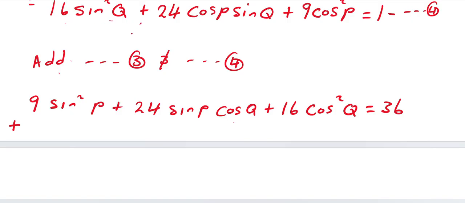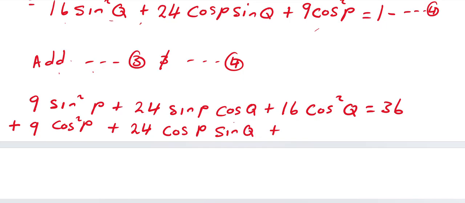And because here we have sine p, we're going to start with cos p here: 9 cos squared p plus 24 cos p sine q, plus 16 sine squared q is equal to 1.